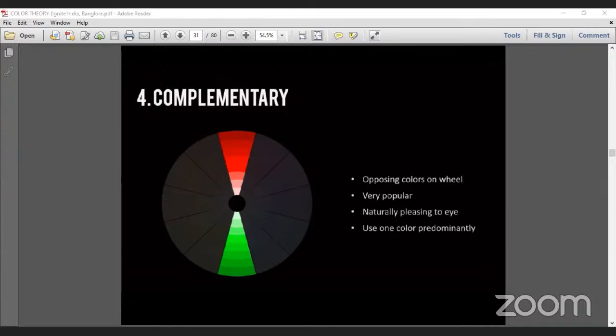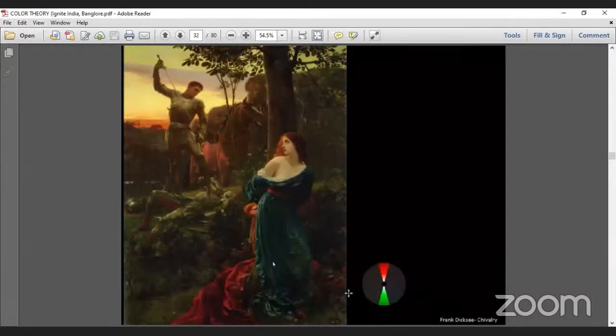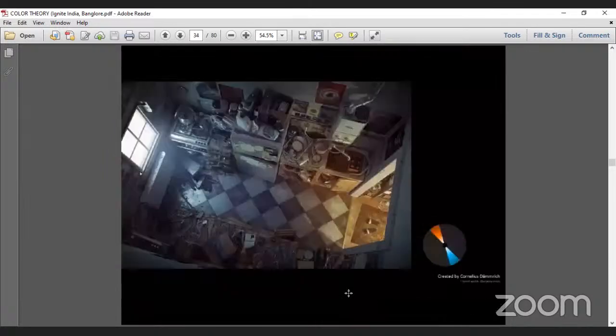Now let us move on to the next thing. We have some of the best examples for this complementary color scheme to look at.